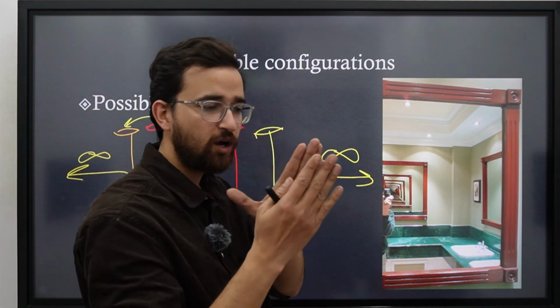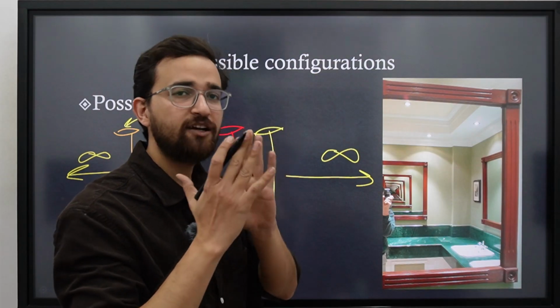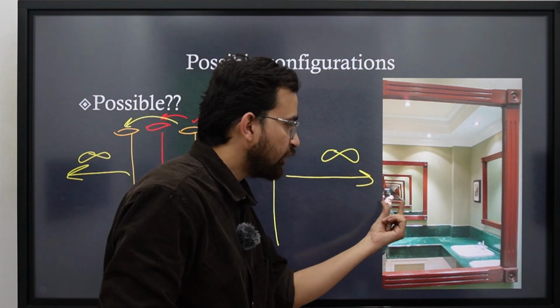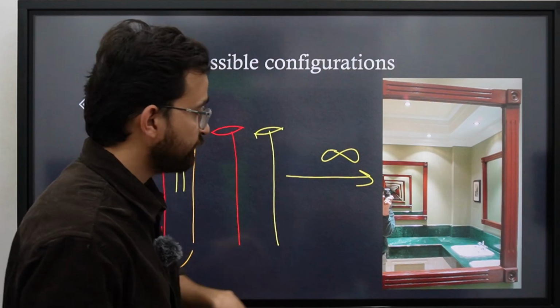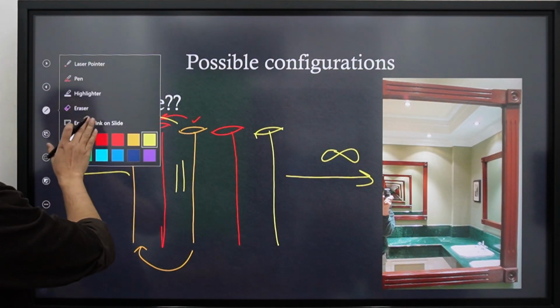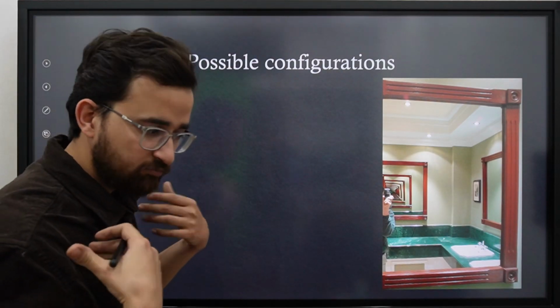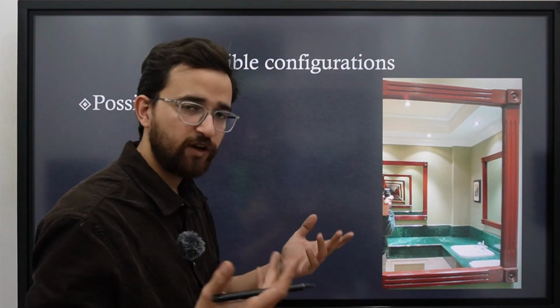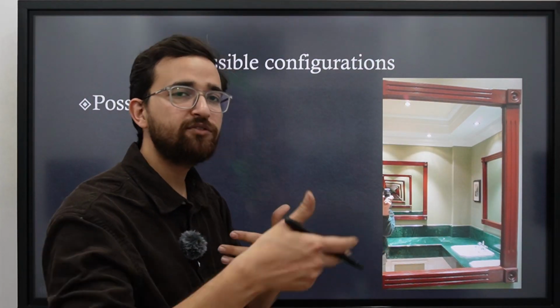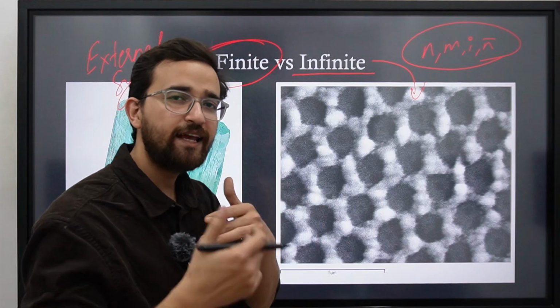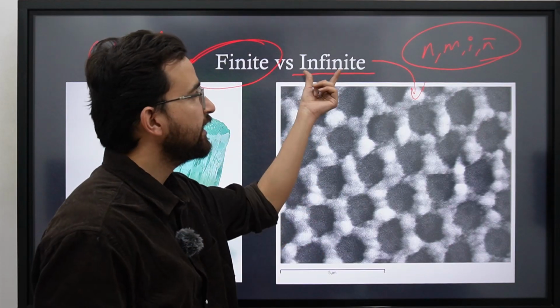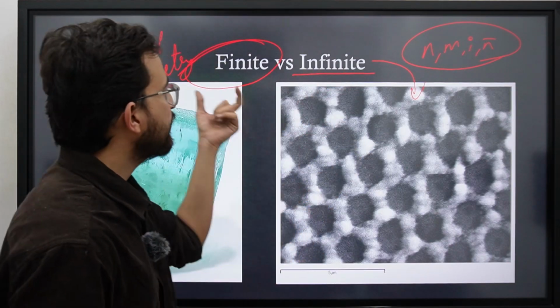Okay, so whenever you are combining symmetry elements that are parallel to each other, you get sequences that go till infinity. Now it is very possible that you can take sequences till infinity, but you can take sequences till infinity in the infinite world only, not in the finite world.